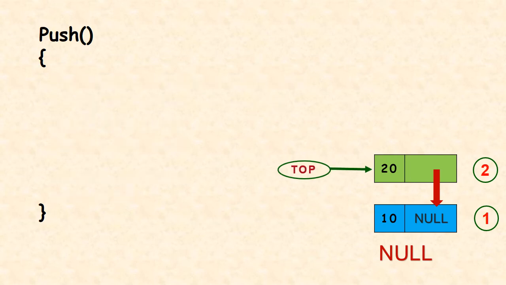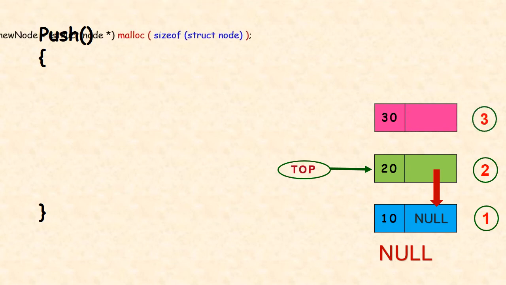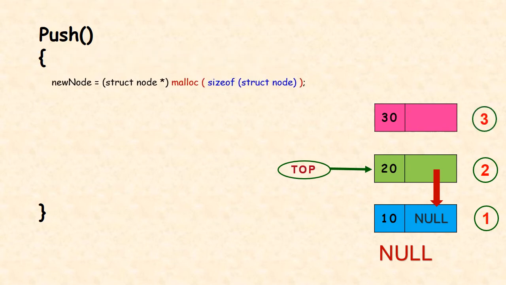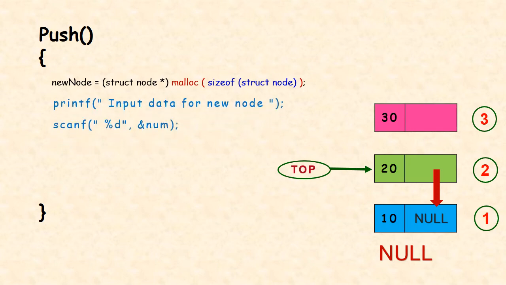So if you are still confused, okay, again see the two more example nodes created here, so that you will get clarity. So first what I did is I created this node using malloc function. Again I read some value using scanf statement into num, which is assigned to new node data. 30 is assigned to new node data.